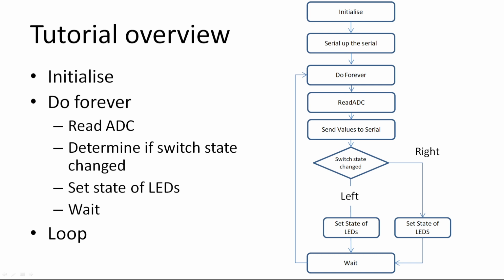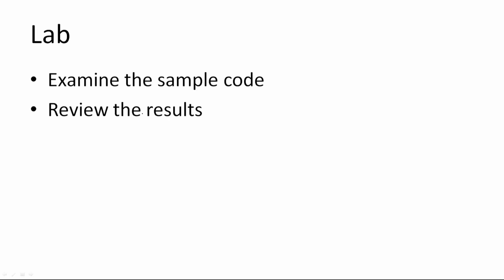The key thing today is the same process we've seen before, but I'm going to add into it sending some values of the ADC and direction of travel to the serial port. It's very simple. We have a few commands to add and it will start communicating. So let's look at the example code, the example demonstration, review the results, and have some fun.